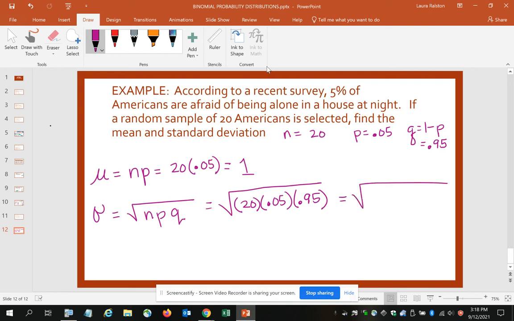So if I multiply those numbers together, 20 times 0.05 times 0.95 gives me 0.95, and then I'm going to take the square root, and the square root of 0.95 gives me a standard deviation of 0.9747 when you round it to 4 places. It's a pretty straightforward calculation as long as you're able to identify P and Q.